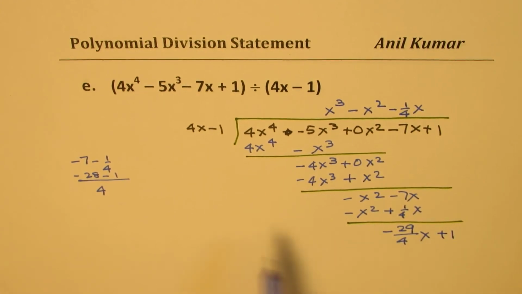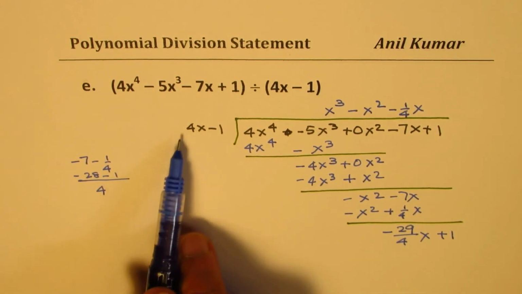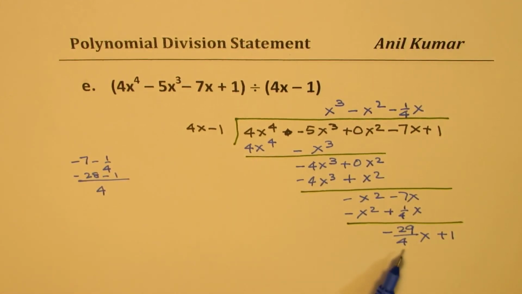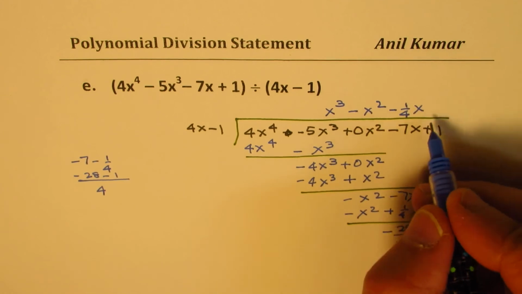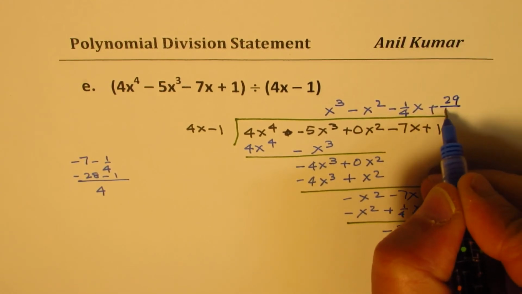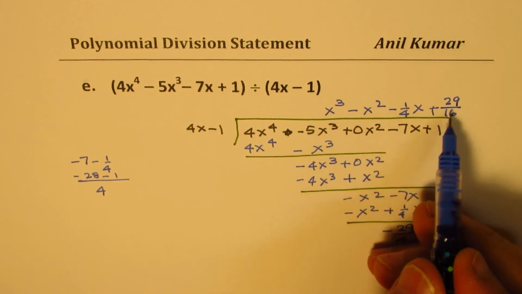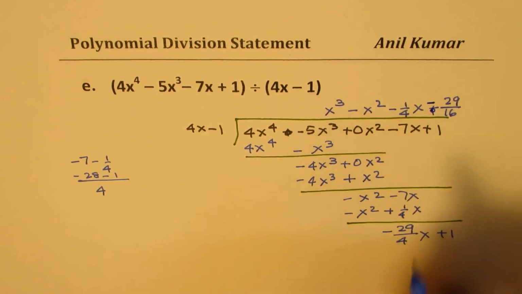Correct? Now we should be multiplying this by 29 times, because one of the 4's will get cancelled. So we have to divide it by 29 over 16, right? So we'll write here in the quotient as 29 over 16, so that when multiplied by 4x will give you minus 29 over 4. In fact, minus. Is it okay?